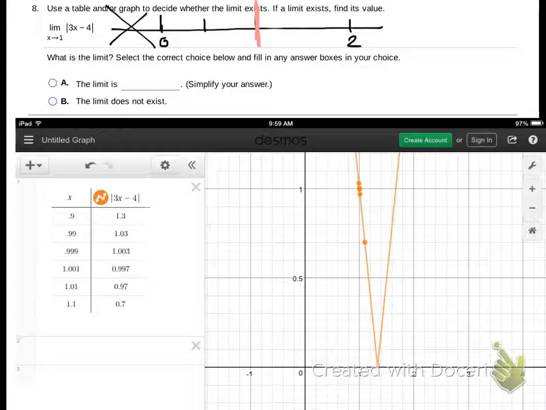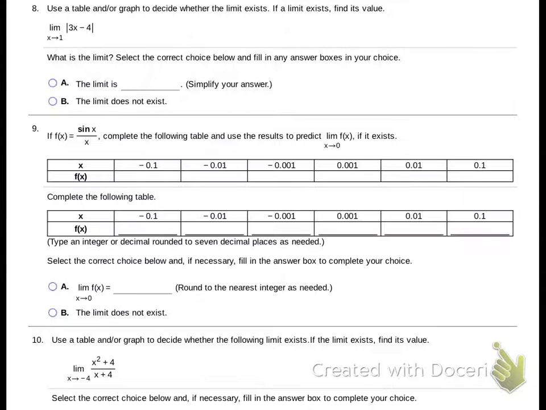I'm going to say 0.9. 0.9 would be really, really close, but 0.99 is even closer, and 0.999 is closer still. So this is how I came up with my values. Okay. On the other side, 1.1 is going to be as far away as I go. And if I insert some zeros, that actually makes me a little closer. Boy, I don't like this graph at all. Let me do it again. Okay.